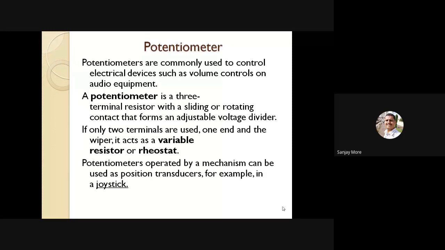If only two terminals are used, one end and the wiper, it acts as a variable resistor or rheostat.